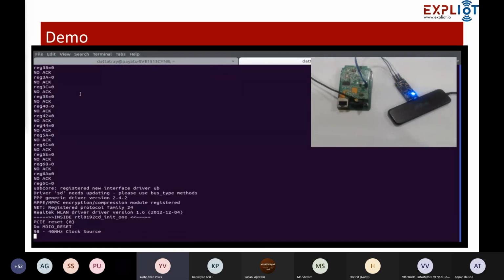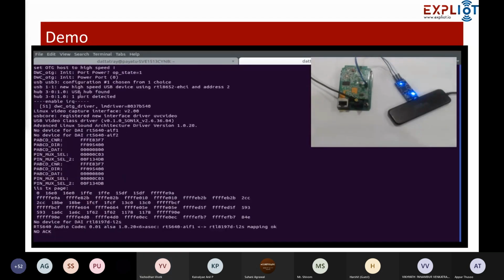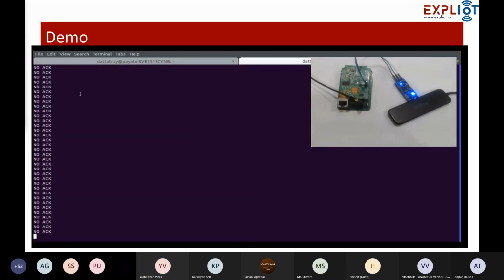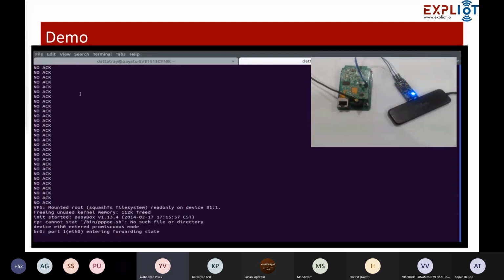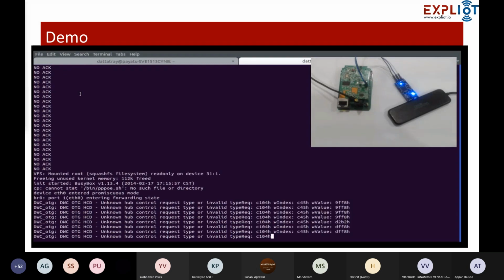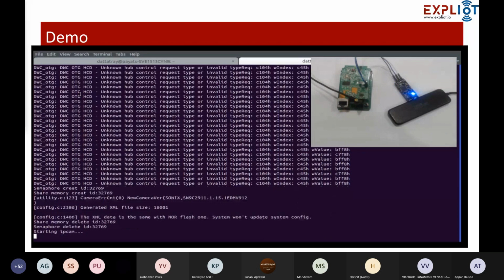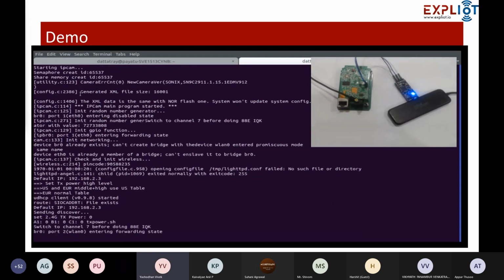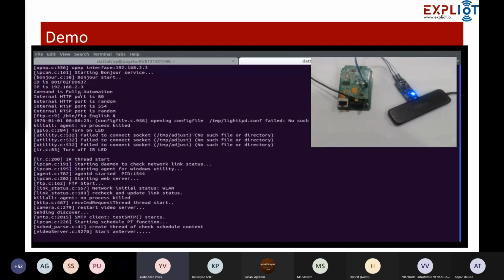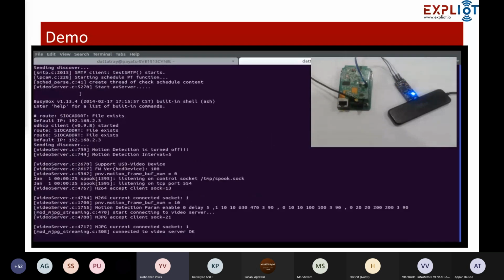Keep on observing what things are getting logged. These are all initial boot logs. Even the initial boot logs will convey a lot of information about the firmware architecture.